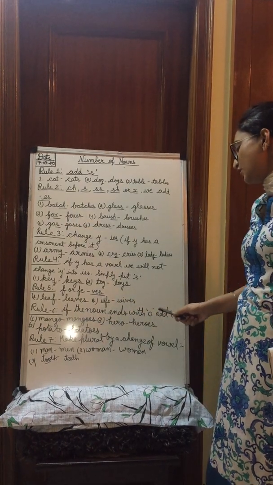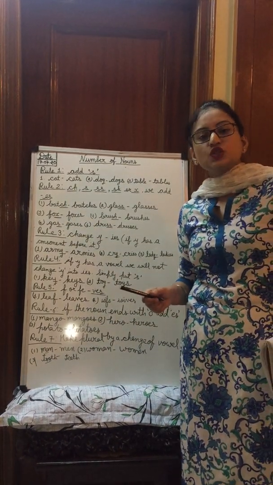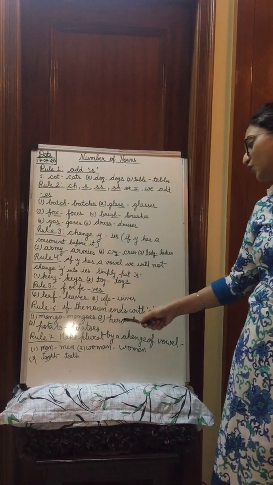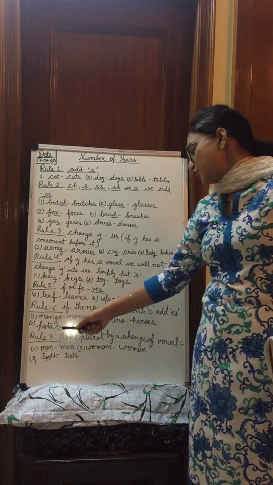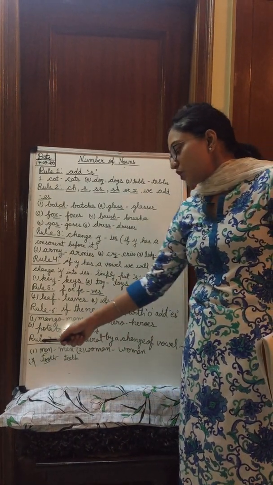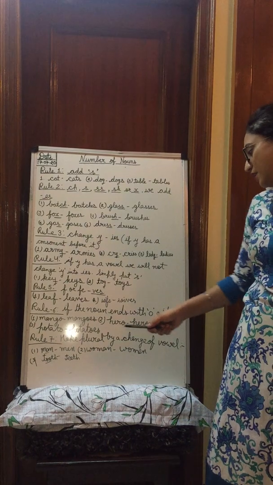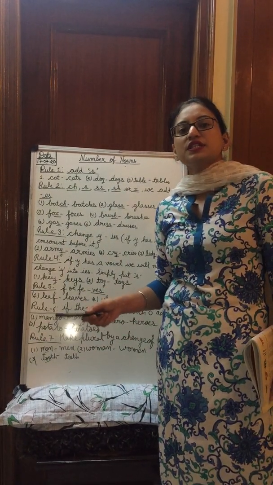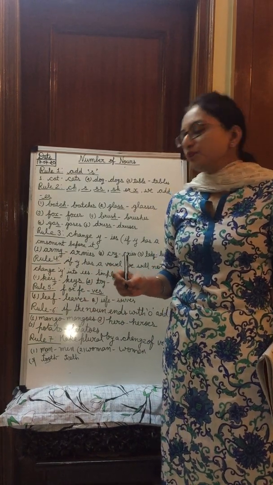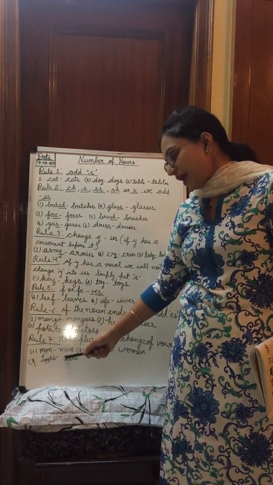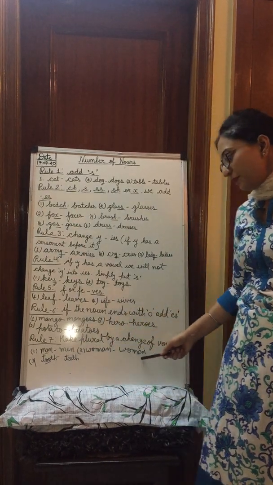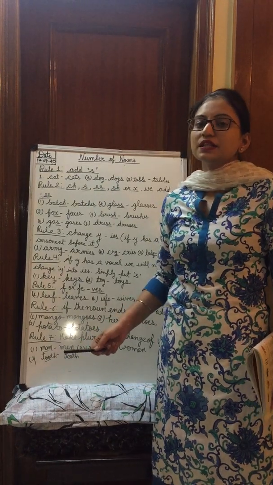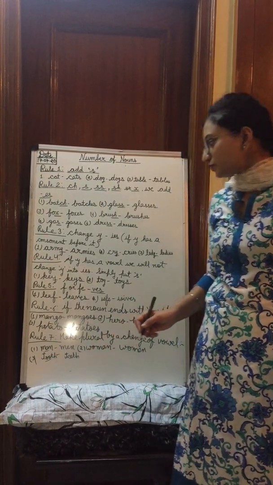If the noun ends with O, we add ES to make it plural, like mango, mangoes, hero, heroes, potato, potatoes. Rule number 7. Make plural by change of vowel. We change some vowels to make it plural, like man, men, woman, women, tooth, teeth, goose, geese, etc.